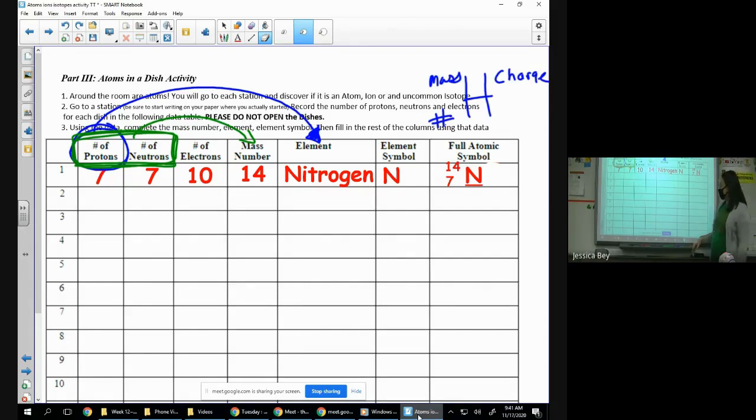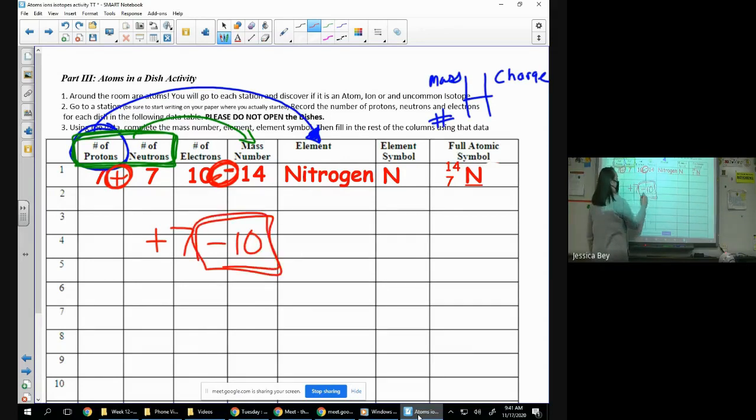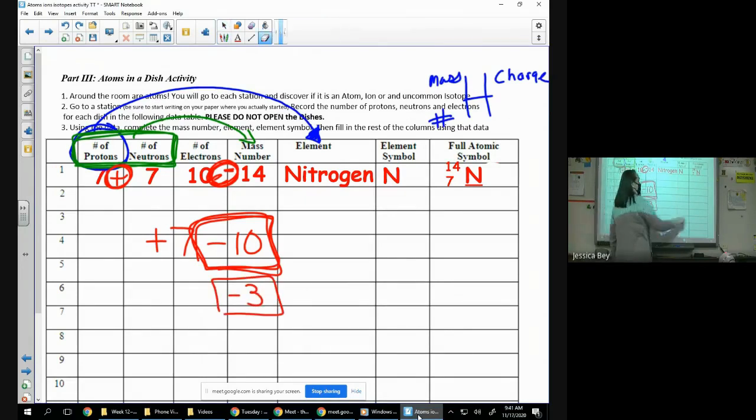Last thing we've got to look at: protons are positive, electrons are negative. If I am plus 7 minus 10, how many extra negatives do I have? Negative by 3. Perfect.